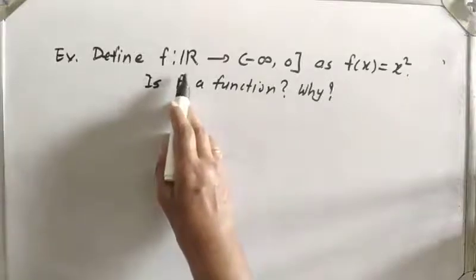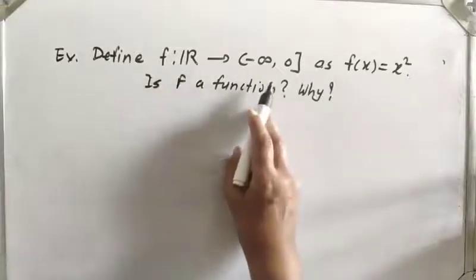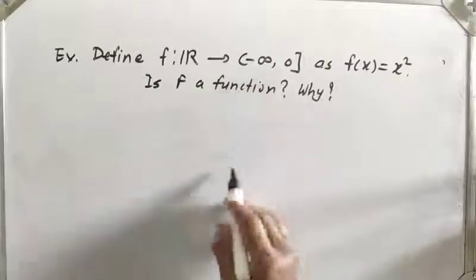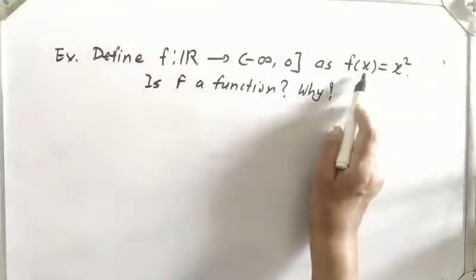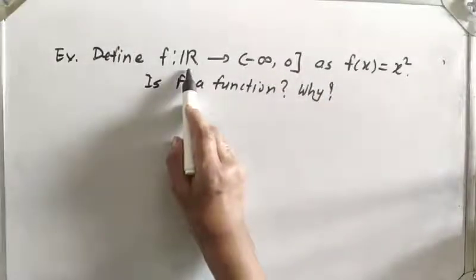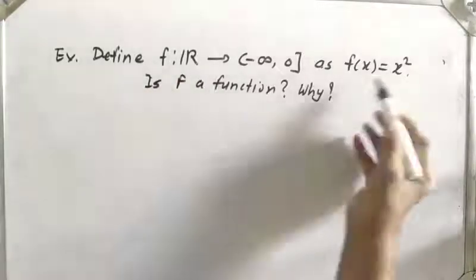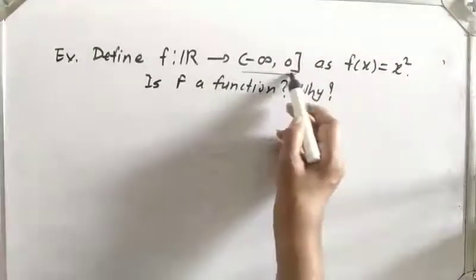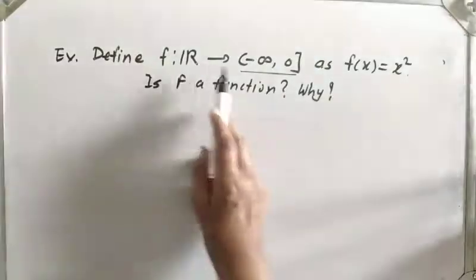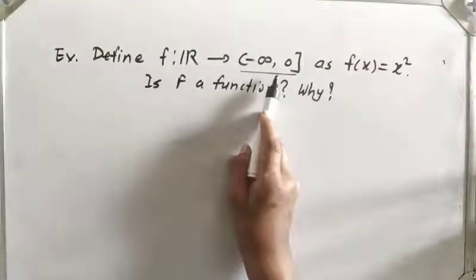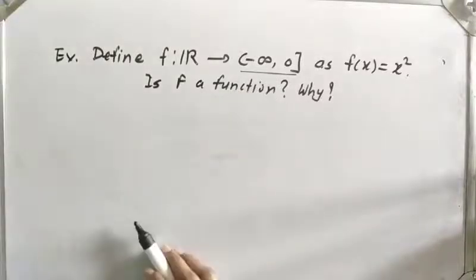Domain is R. Range is minus infinity to 0, means range is all negative real numbers. Now we are taking x from real numbers, that may be negative, 0, positive. And here is x square, means this is codomain. Whether the squares of all real numbers are negative? No, it is not possible, because squares of all numbers are positive, therefore it is not a function.